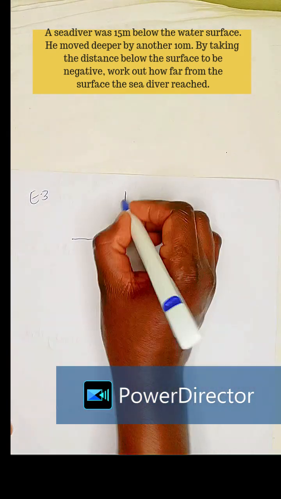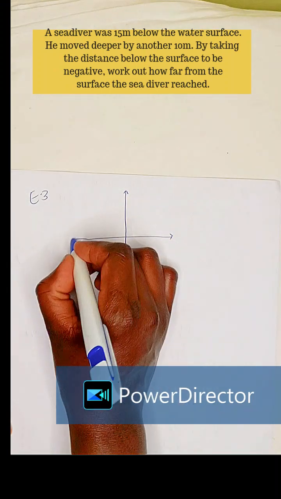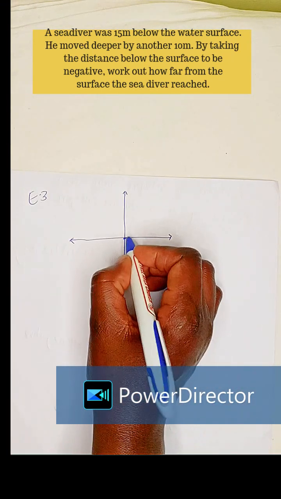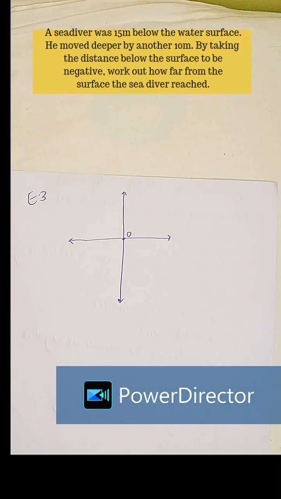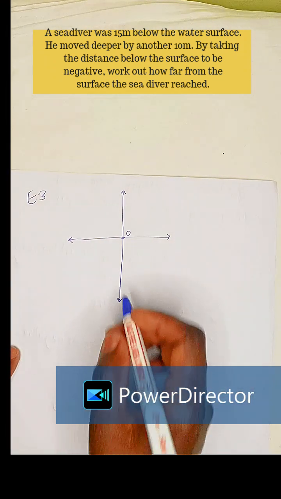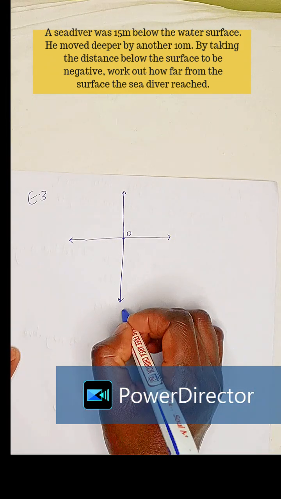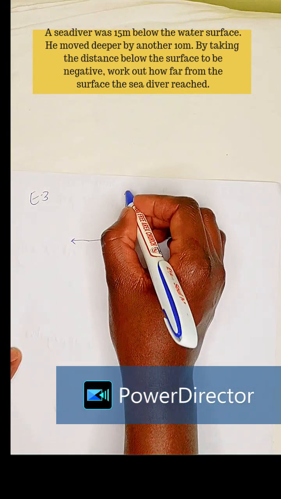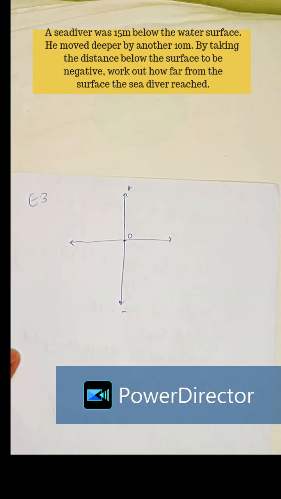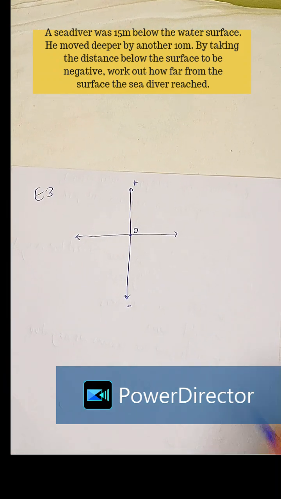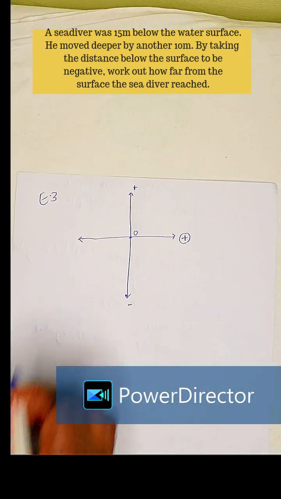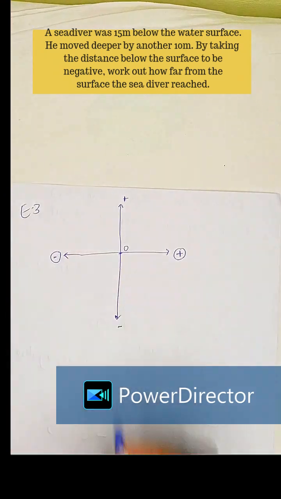This is the starting point and this is 0. And we always say in mathematics that when you go down, you are subtracting. It's always a negative. And when you go up, it's always a positive. When you go on your right, it's always a positive. And when you go on your left, it's always a negative.